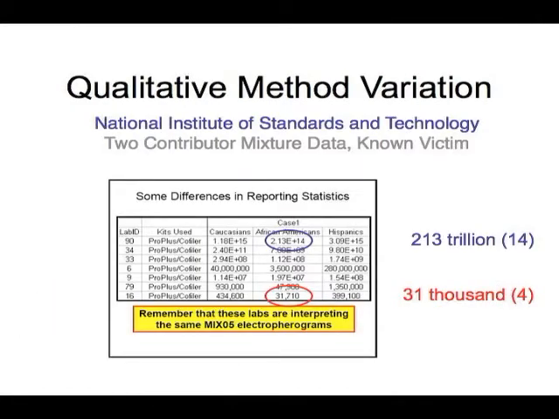And certainly, as John Butler showed in a famous or infamous study 5 years ago, the MIX-05 study, over 50 laboratories were sent the same two-person mixture with a known victim from NIST. The consistency between the laboratories ranged from 4 log units, 10 to the 4th, to 14 log units, about 100 trillion, and it was all over the place depending on the particular methods that were used with thresholds.